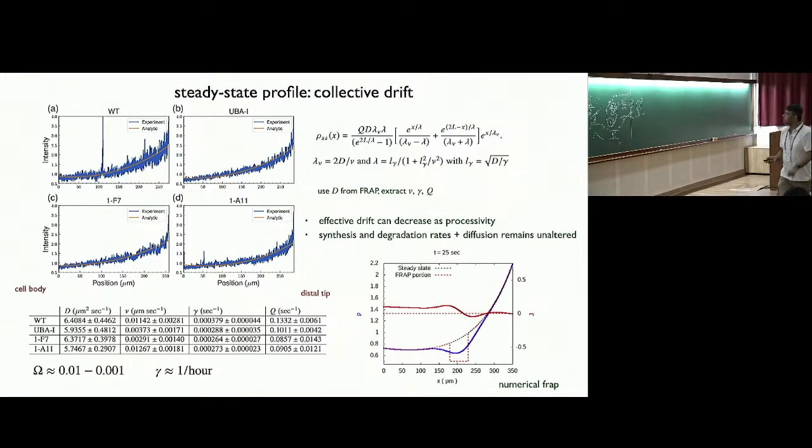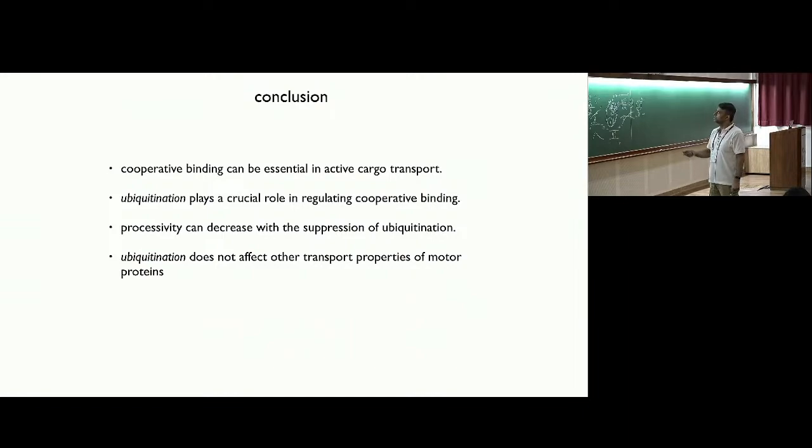Okay. So what we found is that the cooperative binding is essential in the generation of excess cargo accumulation at the end of the neural tip.